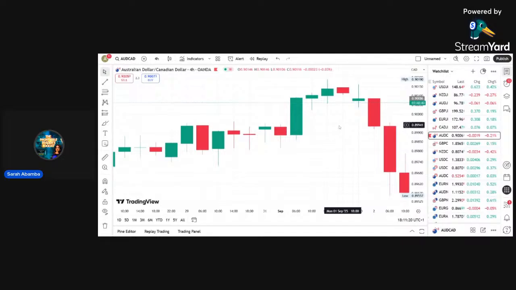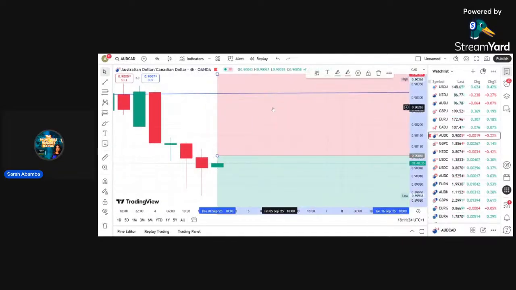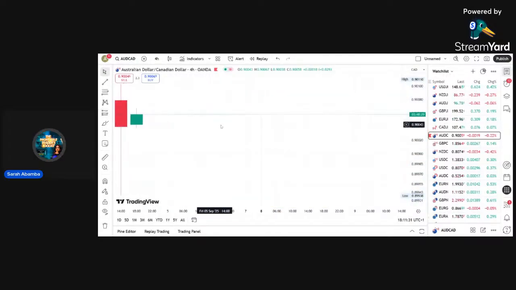This is what we are going to be looking at: the candlestick patterns. I believe I have to delete this. This is my analysis, but I'll put it back later. Today we're looking at candlestick patterns.